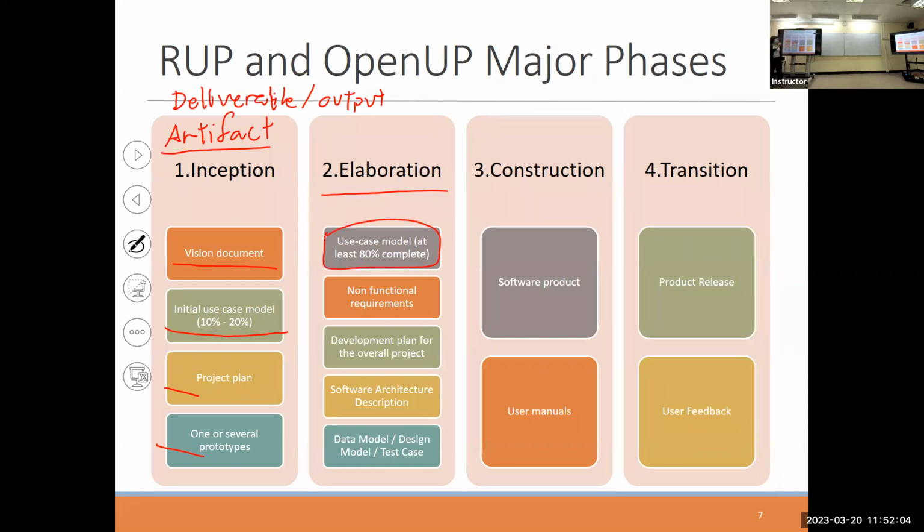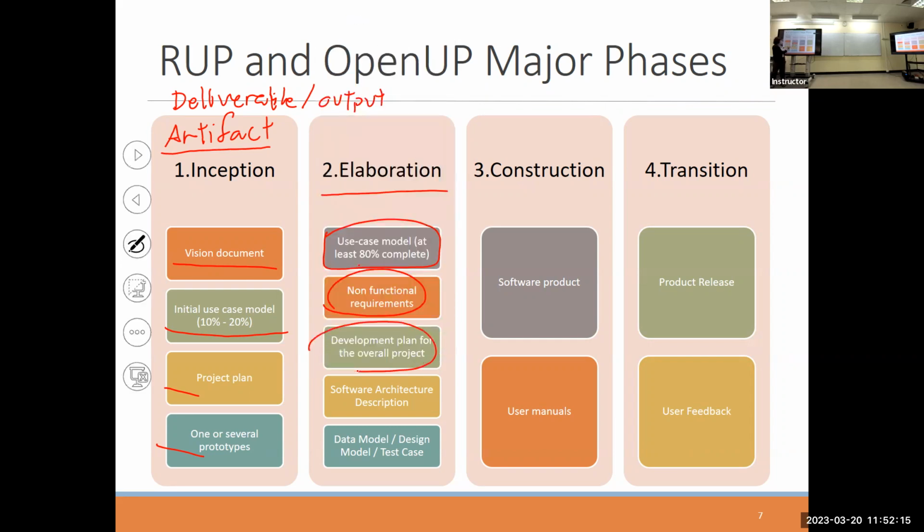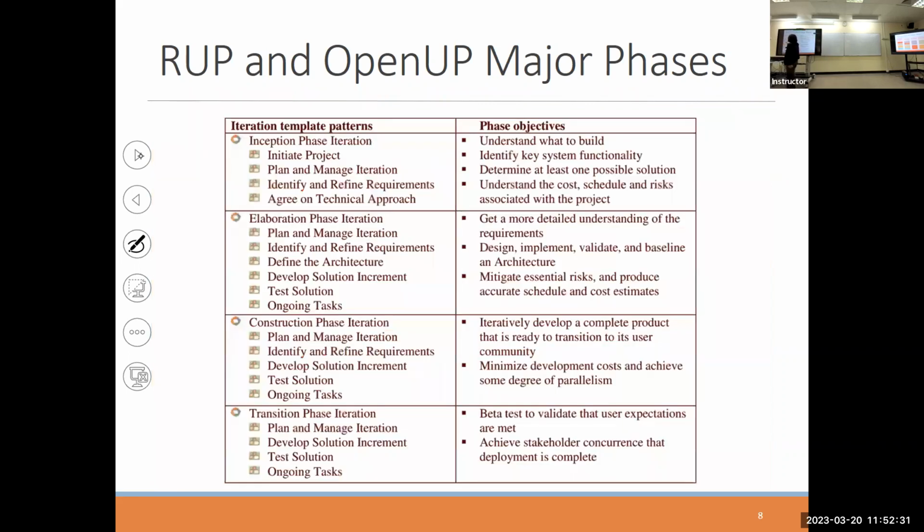So a use case model of about 80% completeness could be there, and also non-functional requirements, details of the development plan, software architecture, a draft of the data model design, test cases, and so on. Anyway, as I said, this is just an example, and these are more details of things that are there.